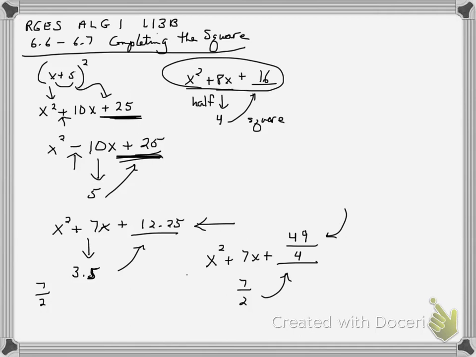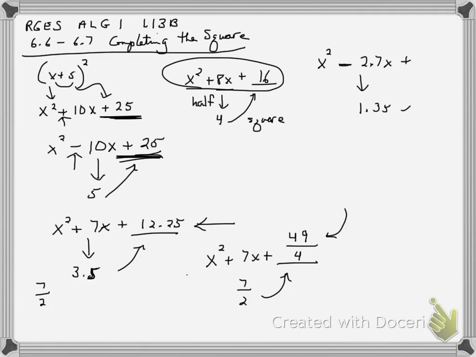Unless, of course, they give you a decimal to begin with, like they do in the next example, where they're saying x squared minus 2.7x plus something. I have to take half of that, which would be 1.35.